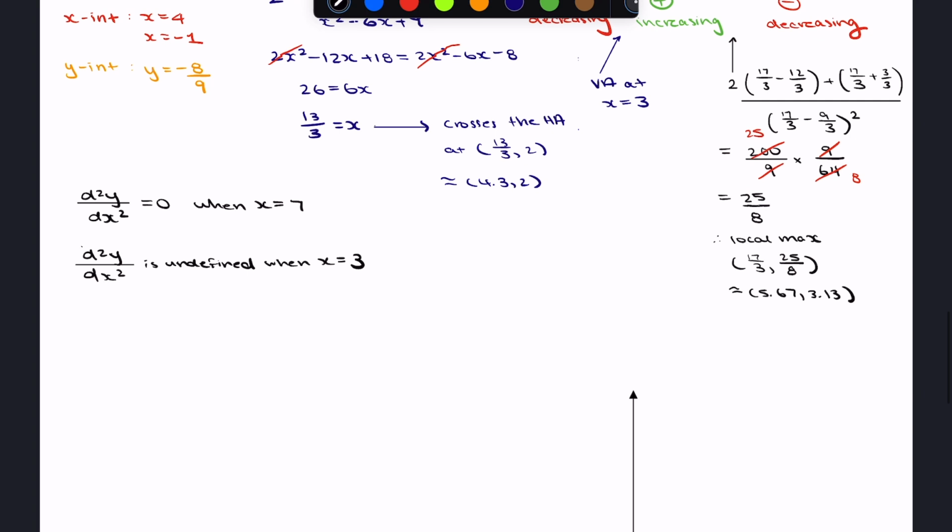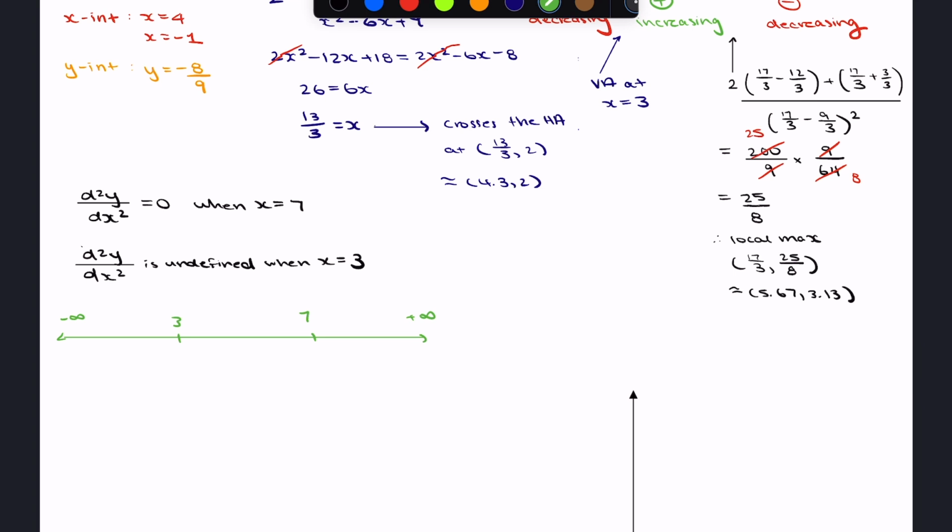So here, if we draw another number line, negative infinity to positive infinity, and our couple critical points, one at 3, one at 7.